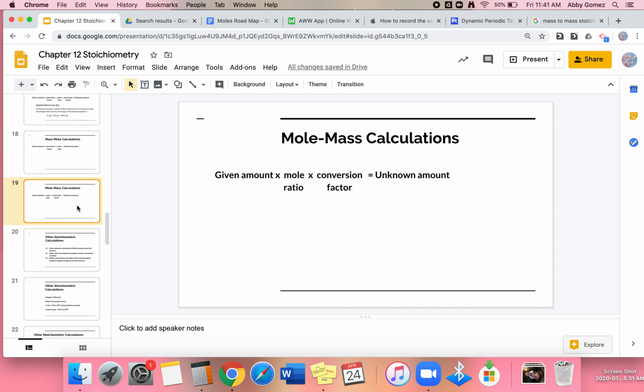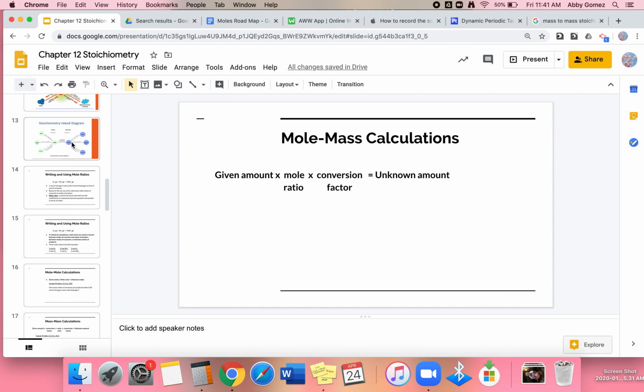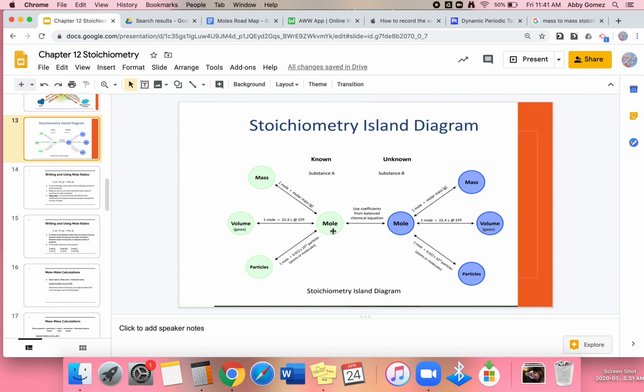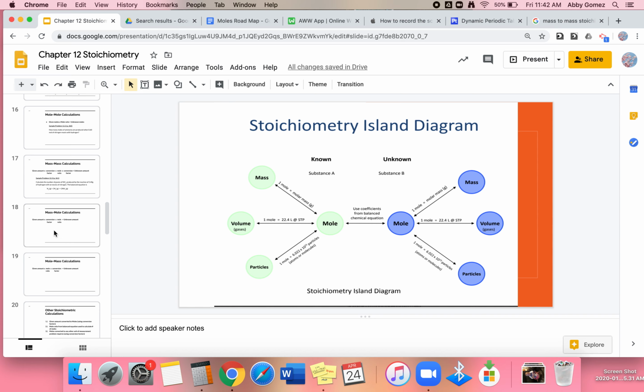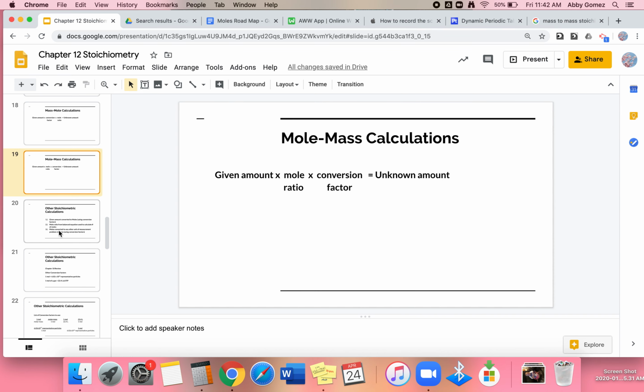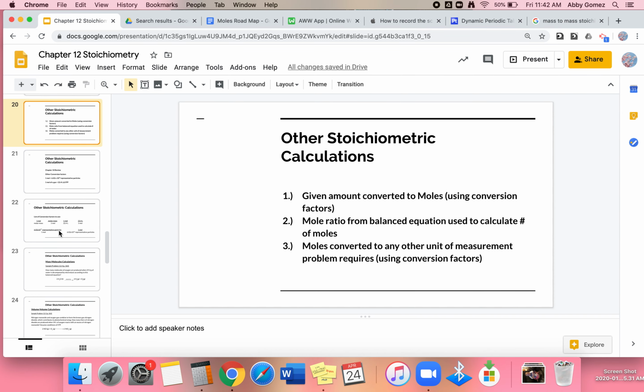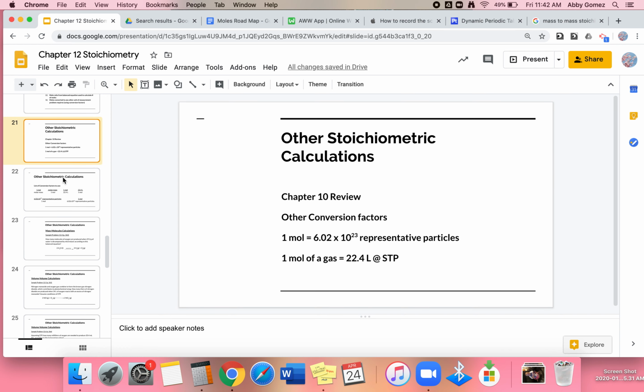Here's one where it gives you moles of substance A, and then you go to mass of substance B. So for that one, you would be starting here and going to here. You would be skipping this first conversion factor. So a little bit of critical thinking here, all right? You guys can read through the rest of these slides.